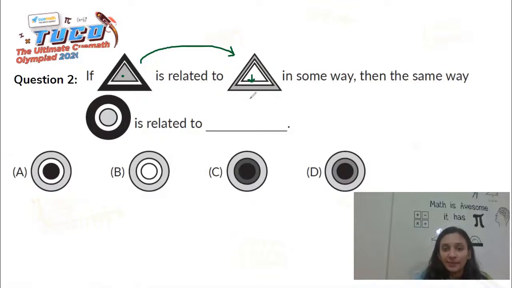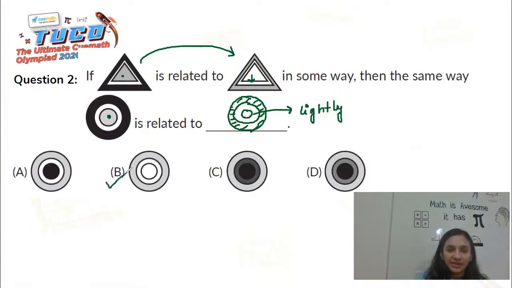So the same thing should happen here. That is, we'll have a circle, inside this another circle, inside this another circle. So the shading at the innermost circle is gray, so the outer part should become gray and the inside should become lightly shaded. So like that, the only option which we have is option B.